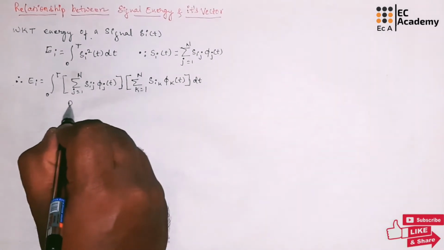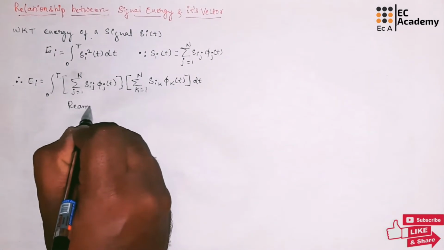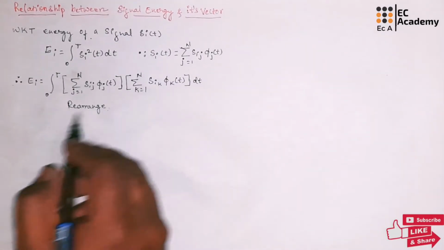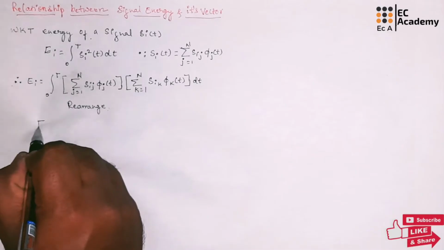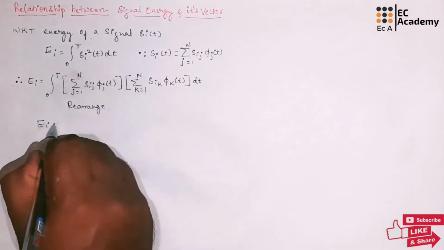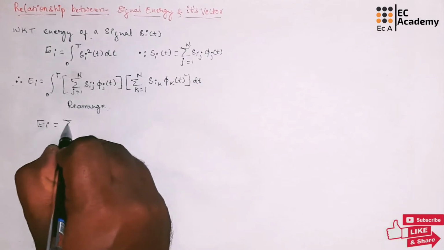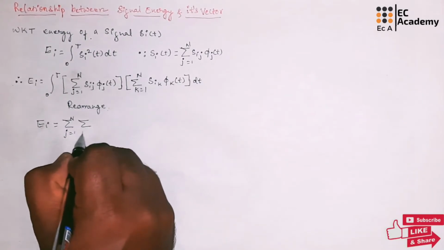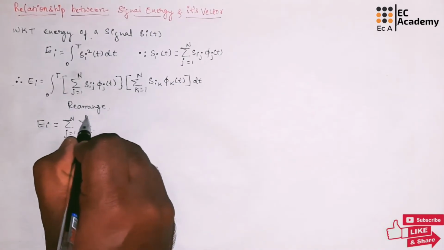Now let us rearrange the above equation. If we rearrange this equation, we will get Ei, which is the energy of the signal, equal to summation of j is equal to 1 to n, summation of k is equal to 1 to n.